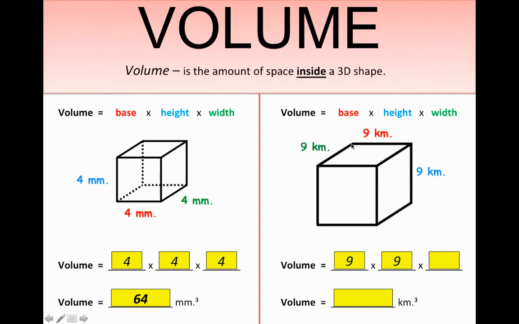Now it's going to be this slanted one over here. So that 9 is going to go in this last spot. Now all we've got to do is multiply those 3 numbers together. So 9 times 9 times 9 is going to give you 729 kilometers cubed as the volume for that cube.